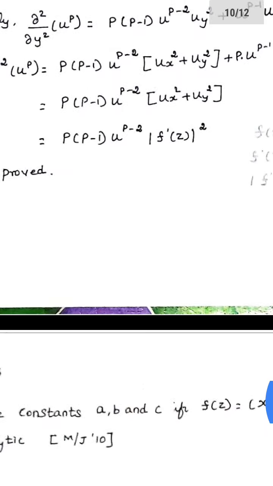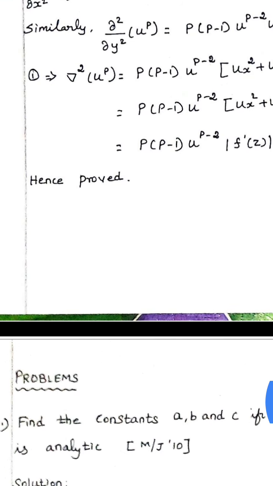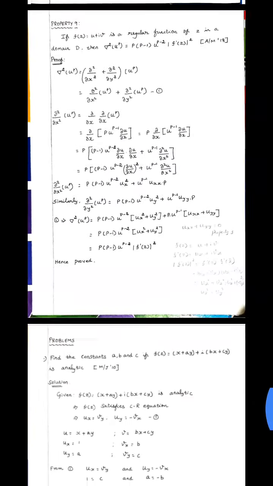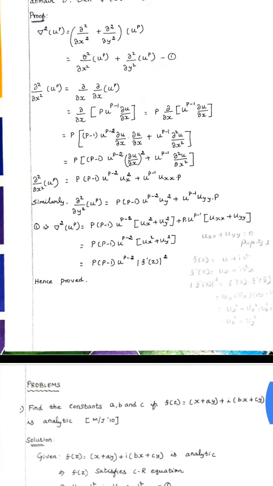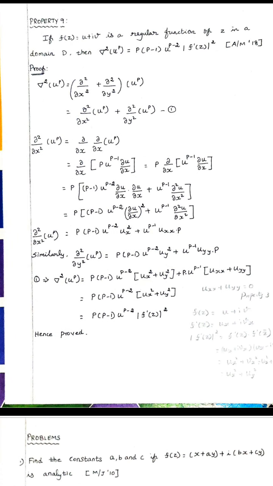That is what I substituted here. This is property number 9. This is also an important property which is asked many times in university. Students try to study all the properties from 1 to 9, and mostly you should study the statements of at least 3 properties, because every time in the exam they ask one property for 8 marks.